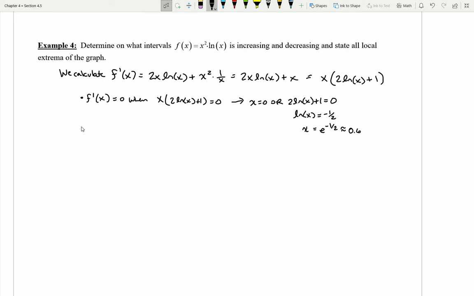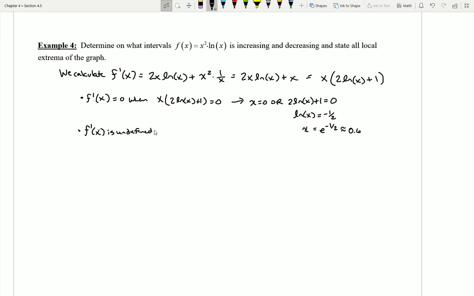Okay, I can also find now when my derivative is going to be undefined. So I can say f prime of x is undefined. Well, let's see. What would be the values where this would be undefined? Well, there are some values that I'm not allowed to plug into the natural log. And those would be any value that's 0 or negative.